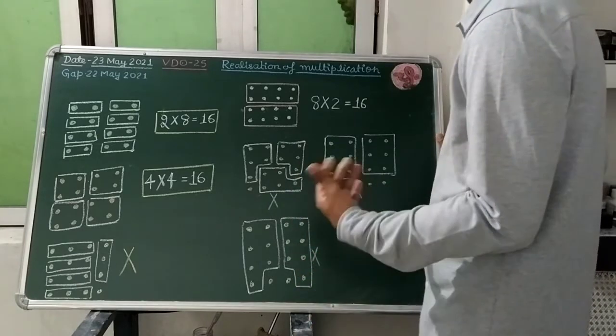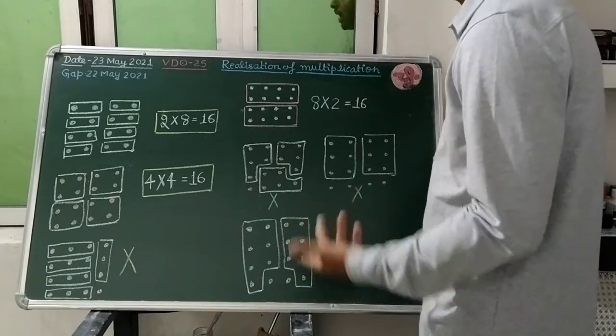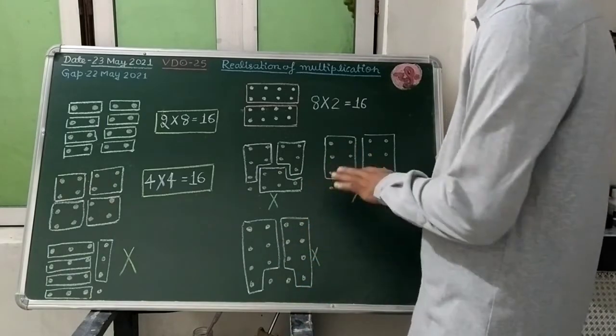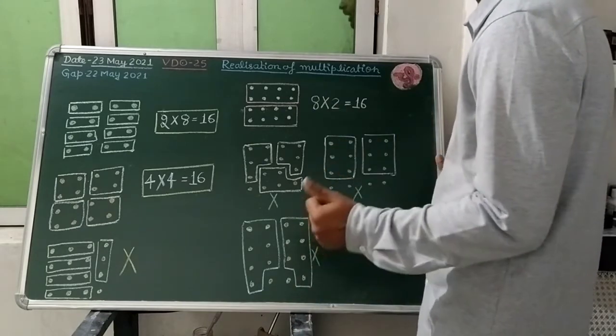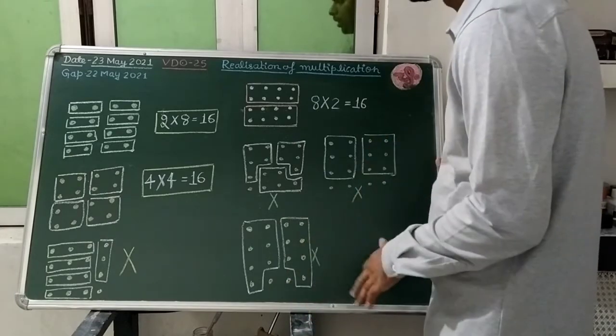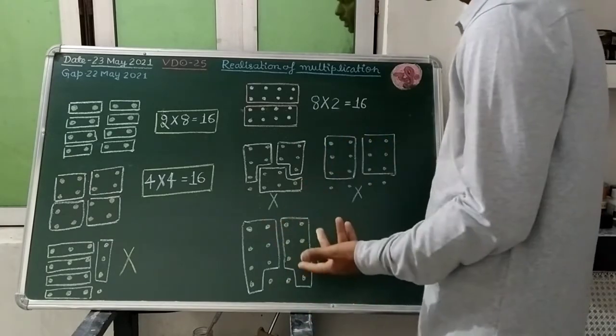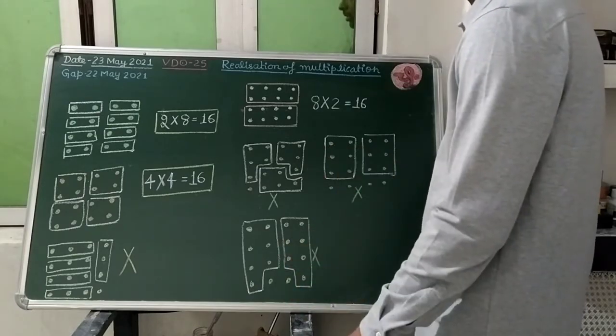And if you group the 10 dots together, you will see that we will have only one group, because 10 2s are 20, going beyond 16. So one group can be there. 10 1s are 10. And how many dots will be left? 6. So of course we cannot select that since we can't group all the dots.